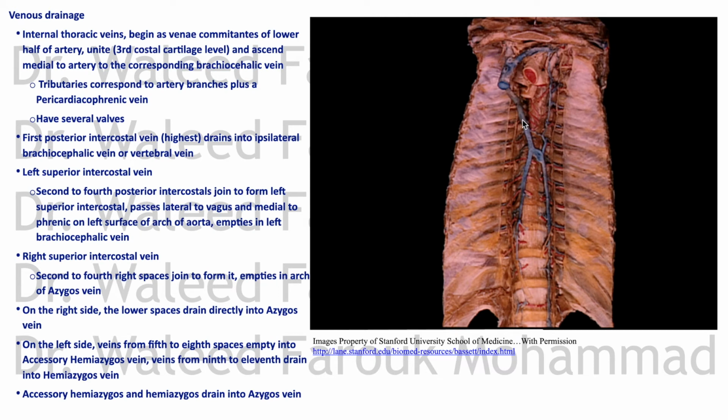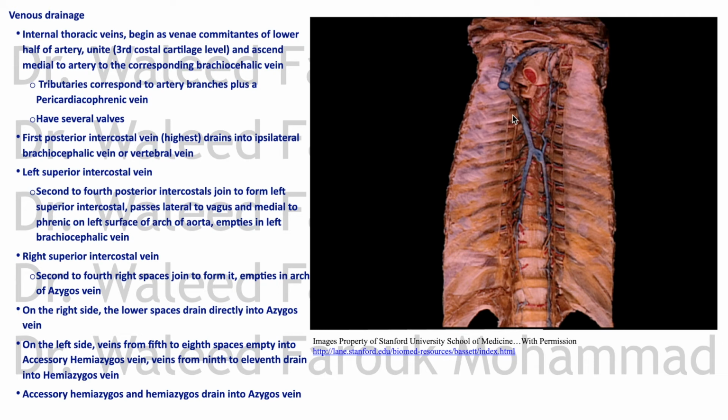This is the azygos vein. All this is the azygos vein. This is the azygos vein draining into the superior vena cava. See, this is the superior vena cava. It drains into the azygos vein.